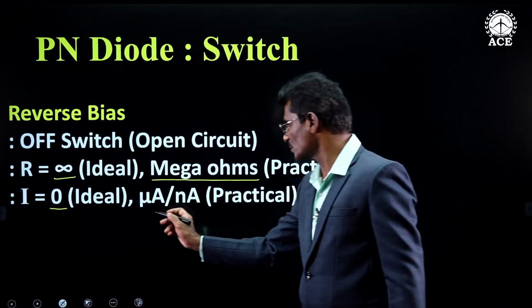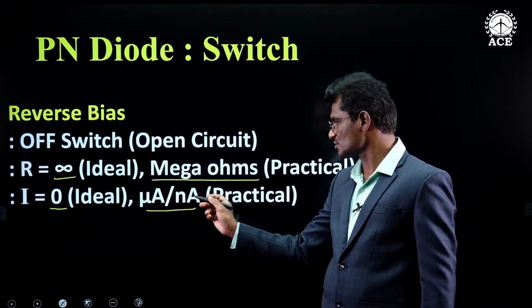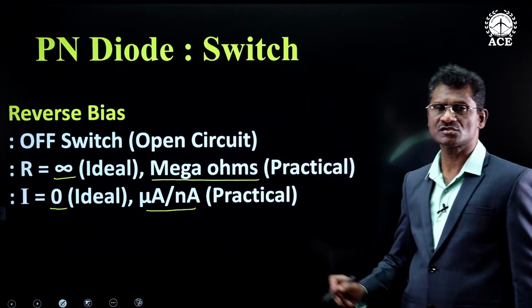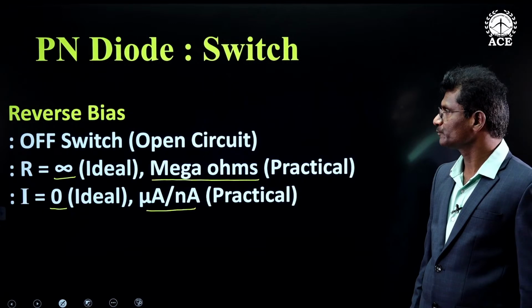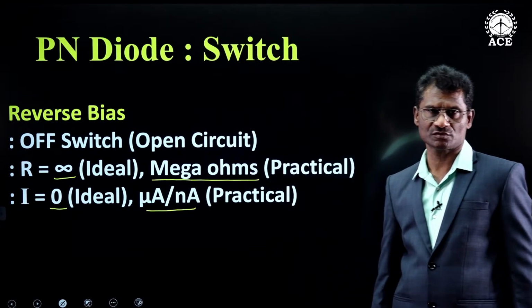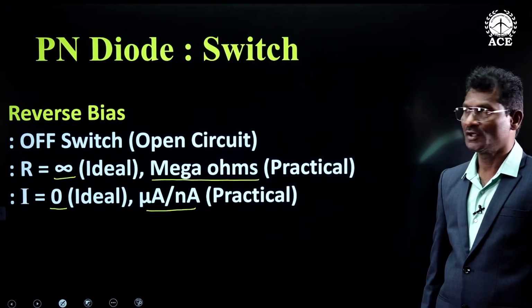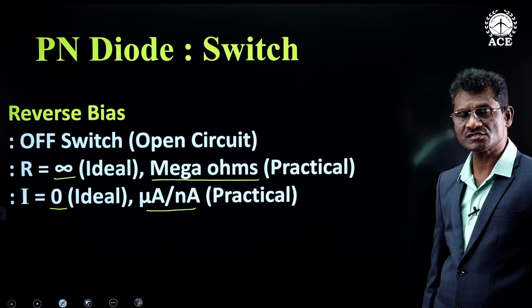If resistance is maximum, current will be minimum. Microamps, 10 power minus 6, or nanoamps, 10 power minus 9. So in a reverse bias case, a PN diode can be used like an off switch. Ideal case, open circuit, but generally off switch. So a PN diode can be used as switch.